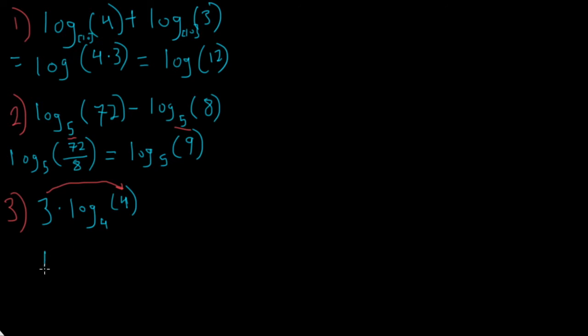So this becomes log base 4 of 4 to the 3rd power. And we know that 4 to the 3rd power is going to give us 64. So this is log base 4 of 64. All right, and that's that. Not too bad, these properties.